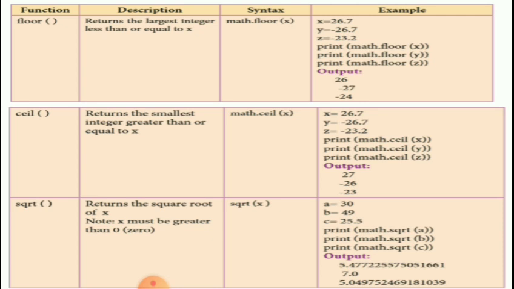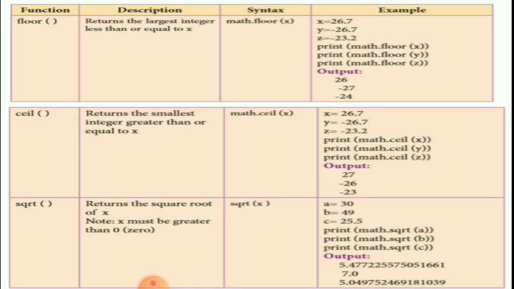Next one is the ceiling function. The ceiling function returns the smallest integer greater than or equal to x. Here it returns a value greater than or equal to x, in the sense of what we send as the parameter to the function.